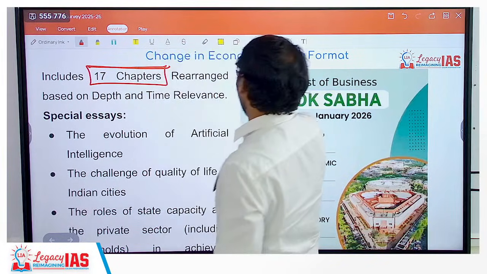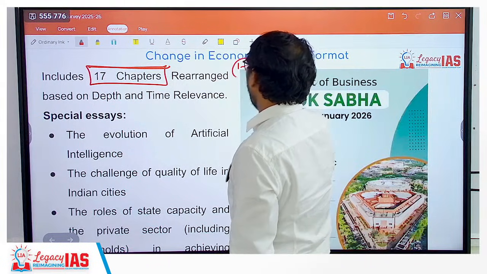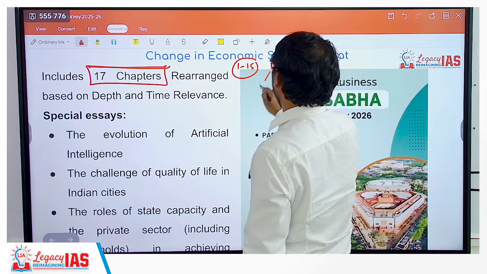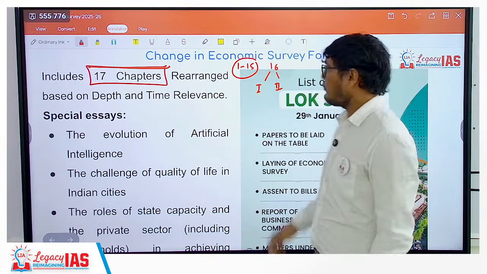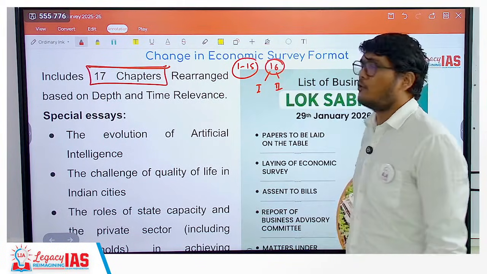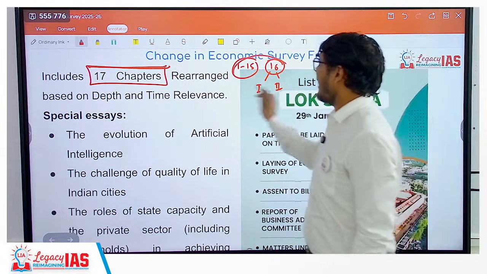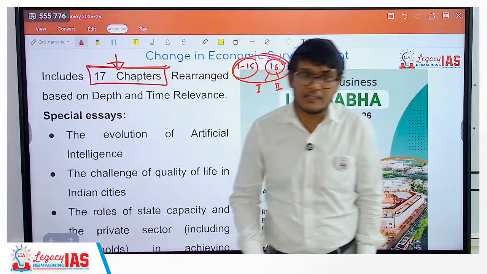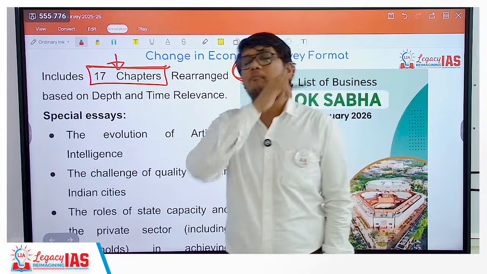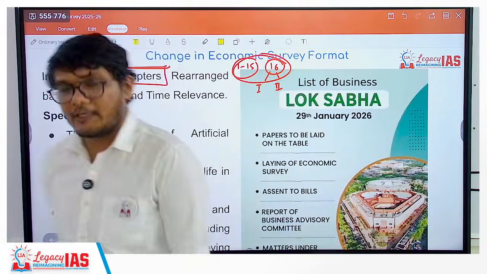However, you have 1 to 15 plus the 16th chapter is divided into 2 parts, part 1 and part 2. So since the 16th chapter is divided into 2 parts, you can say that this year's economic survey consists of total 17 chapters, which is more than the number of chapters that you have seen in the previous economic survey.